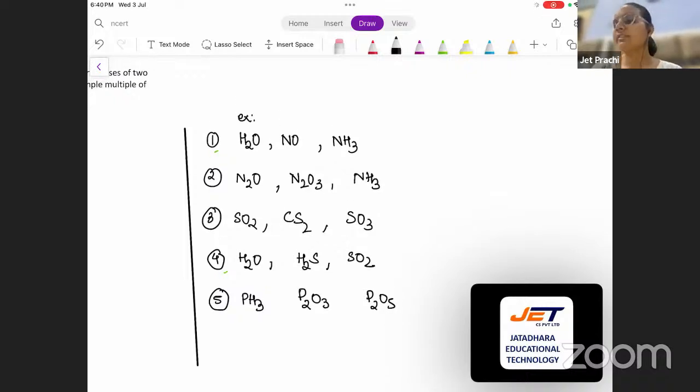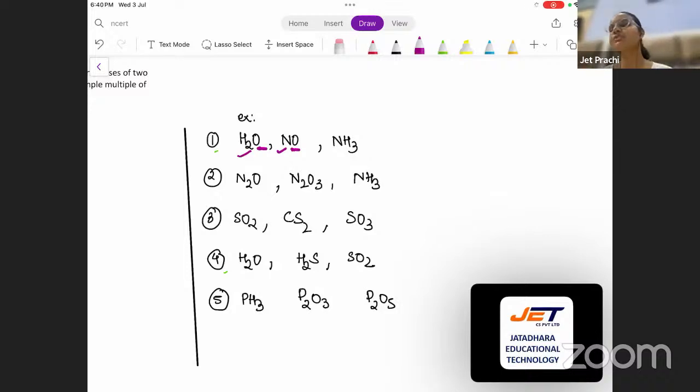So how do we solve this problem? How do we have to approach this problem? First, we have to pick the common element. What I can see here is that oxygen is common, and it is forming compounds with two other elements. Here I can see that we have nitrogen and we have hydrogen.